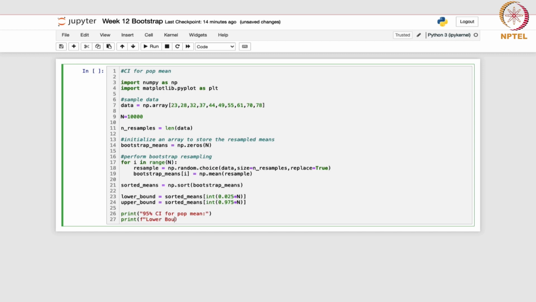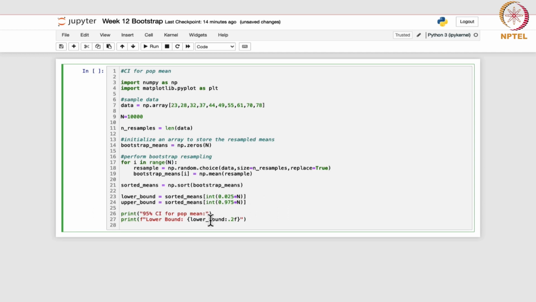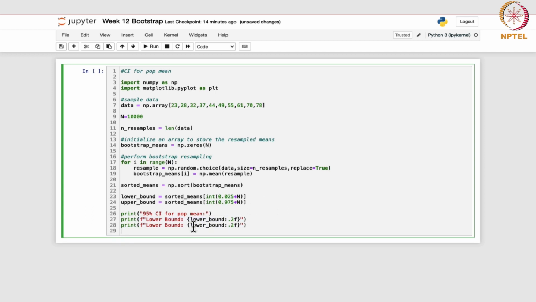First it will evaluate whatever value is stored in lower bound, and we will specify the format over here. That is, we are going to consider up to 2 decimal places only. Likewise, it will also print the upper bound.